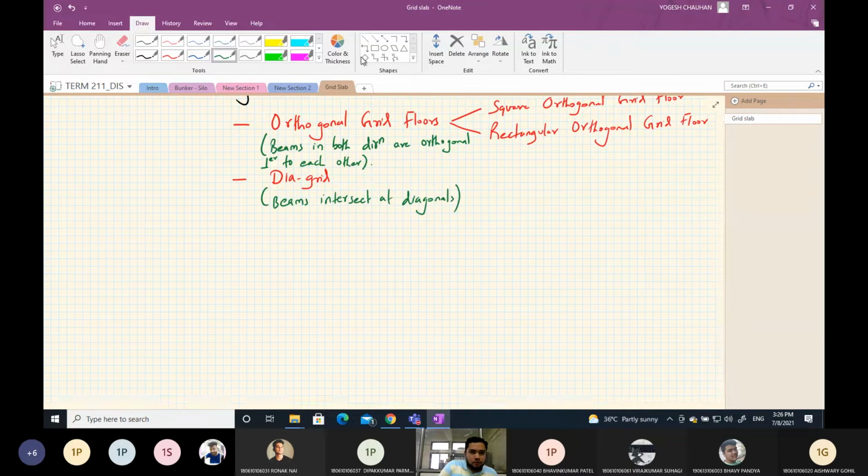See, in case of orthogonal grids, let us say these are the beams in y direction.